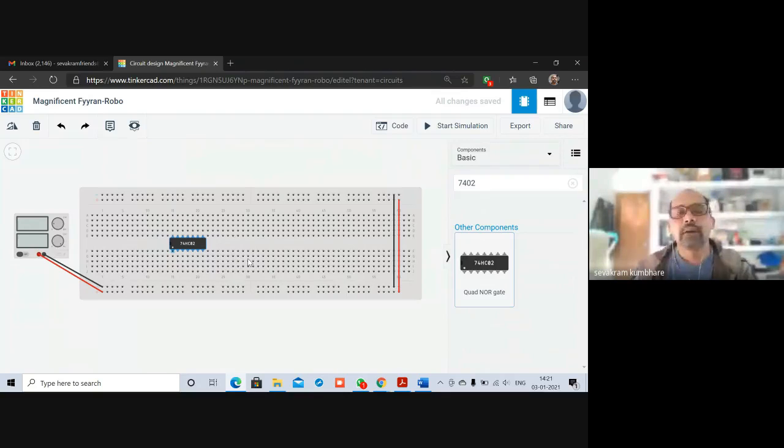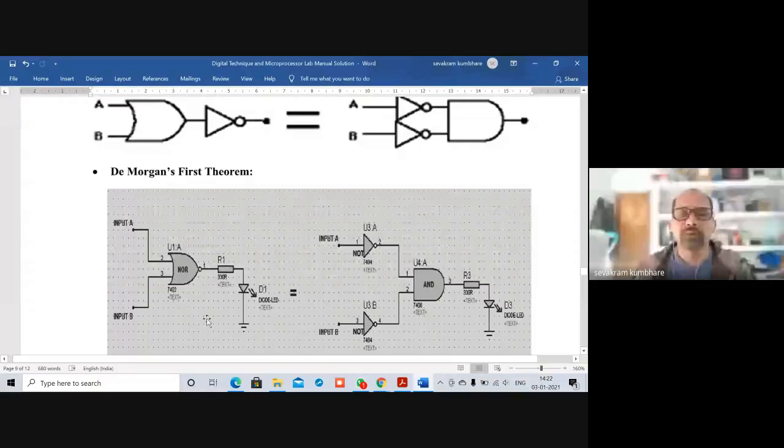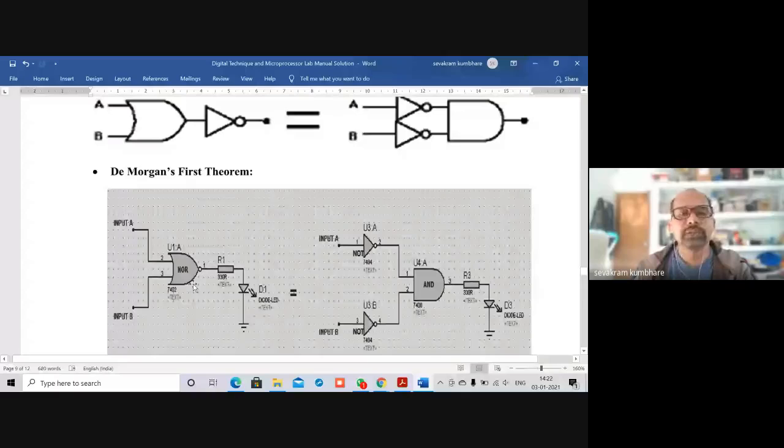After this, if you observe, in this 7402 IC, pin number 14 is VCC and pin number 7 is ground. This thing we are aware of, correct? Previously also we did that, and right now also this is applicable. As we have already implemented that, we know that pin number 7 is ground and pin number 14 is VCC, which needs to be connected first.